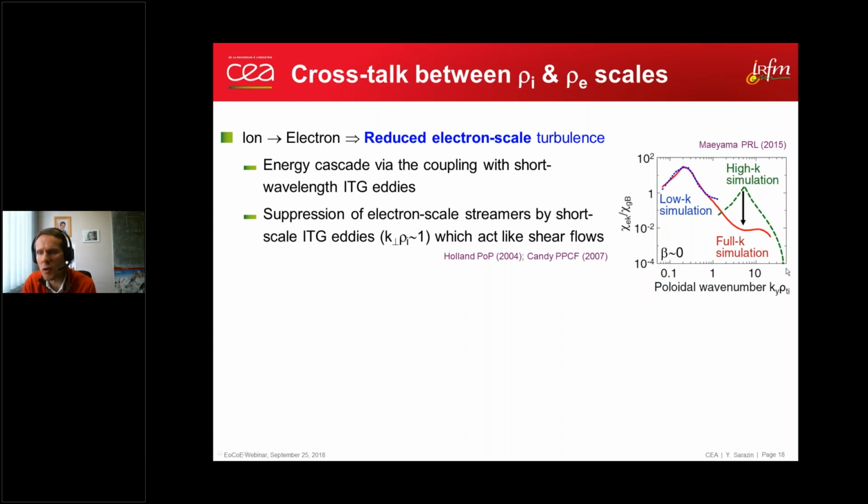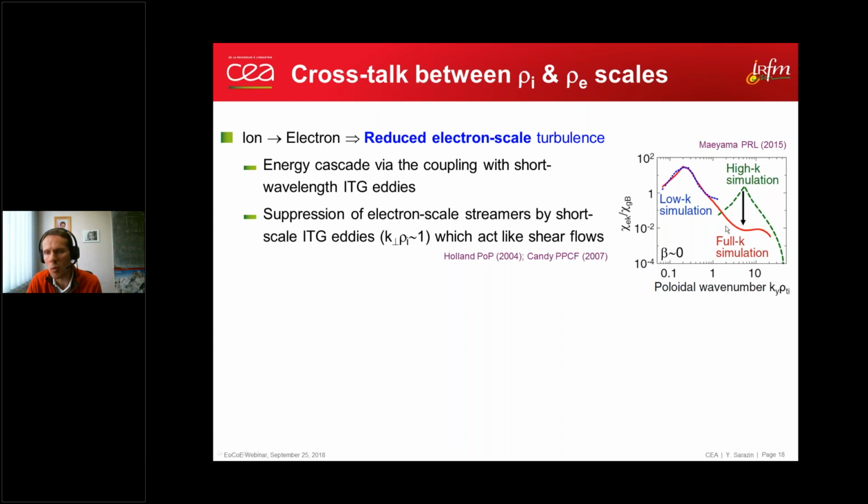Let me explain this figure here, where you have the binormal wave number again versus the effective diffusivity, which is a measure of the transport governed by various classes of turbulence. If you perform a simulation with only the electron scale turbulence, which is in green, then you have a large transport.